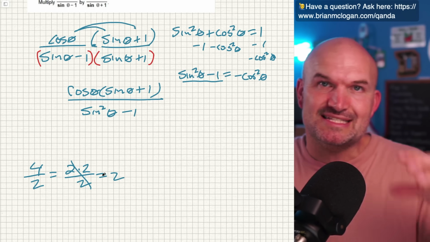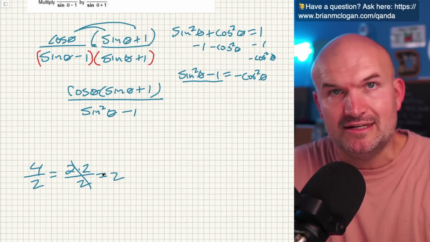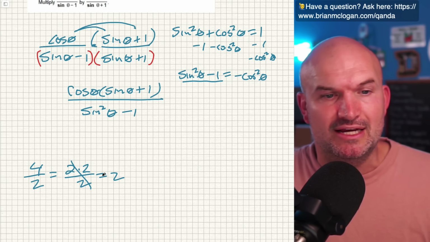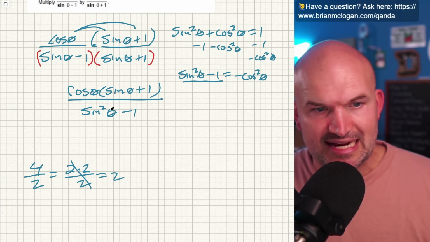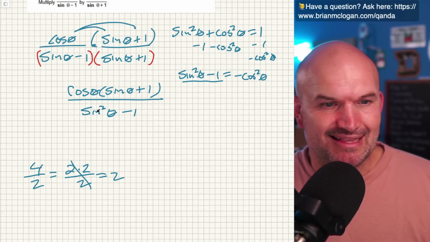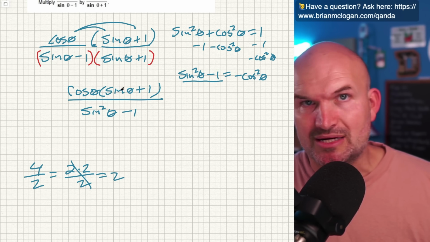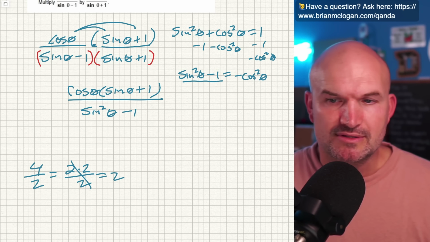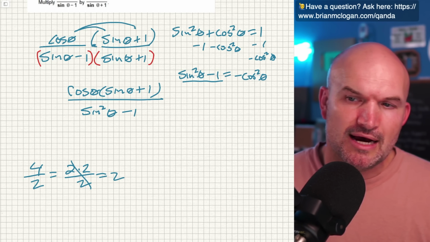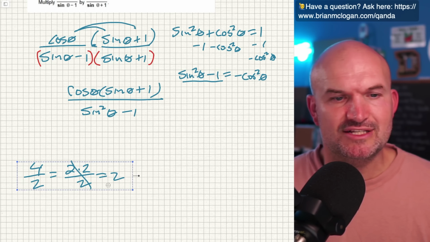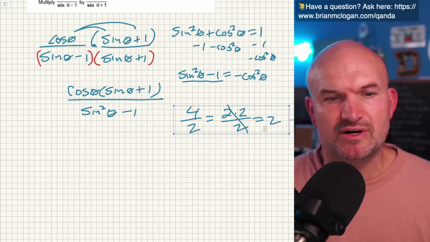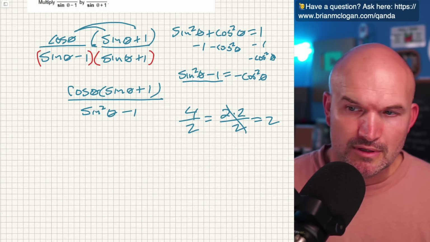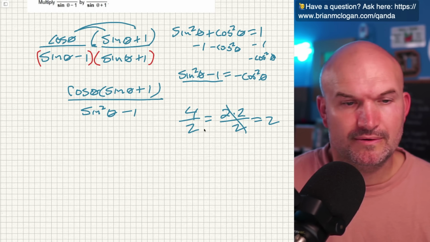We want to find things in the numerator and denominator that divide to 1. That's going to simplify our expression. So I want a cosine in the denominator. That's good. These are not the same: this is sine squared, and that's a regular sine. You can't divide those out. So I'm going to replace my sine squared of theta minus 1 with negative cosine squared.